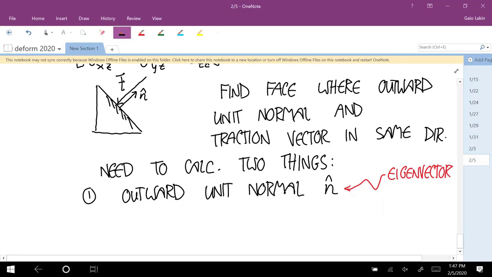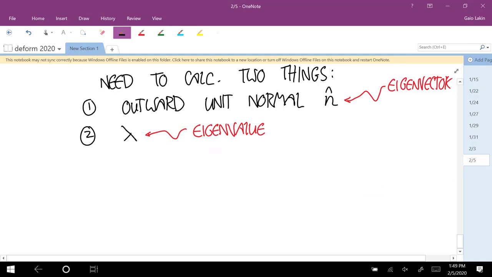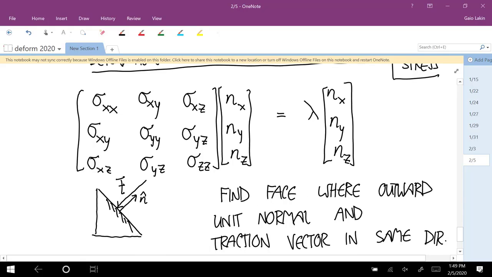And we need to calculate lambda, that constant of proportionality, and that's called the eigenvalue. And that's the principal stress value. This equation, we have it up here.